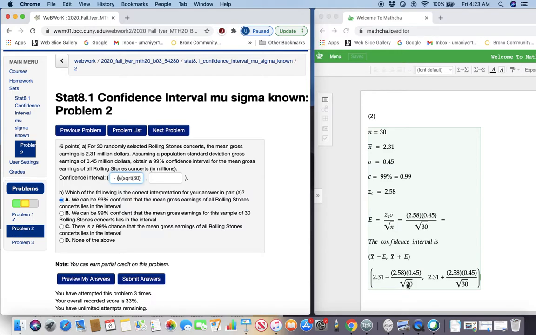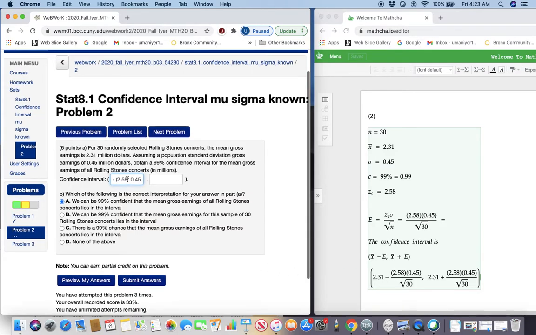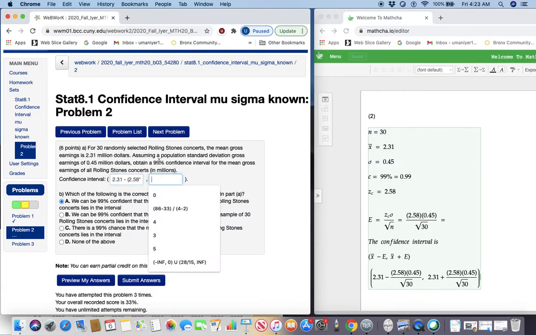What goes upstairs? 2.58 times, star, 0.45. That's the left hand point of your interval. I will copy and paste here. Make sure your parentheses are all okay, and the right hand side is essentially the same expression, except you are going to add. So remember to add.